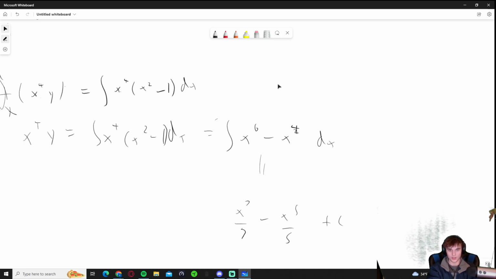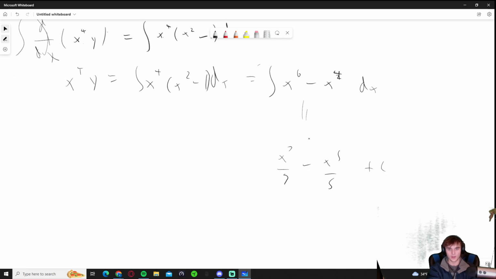Don't forget your plus c. So that leads us to x to the 4th times y equals that. So we divide both sides by x to the 4th, and, of course, c.